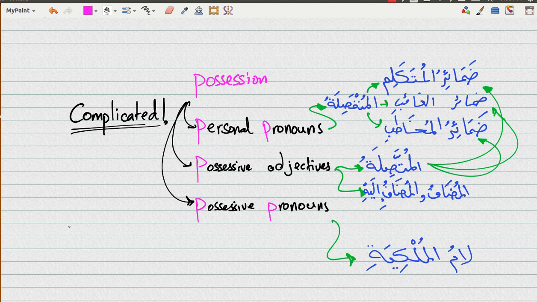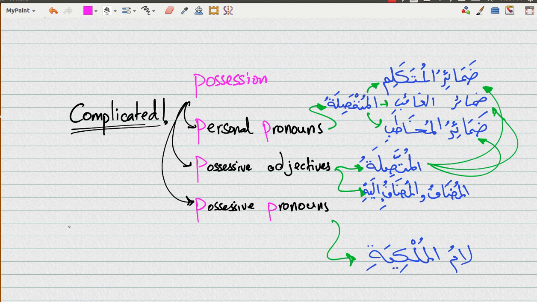We have something called disjointed or separate pronouns, or if you want, you can call it independent pronouns. It's a word on its own, and that word is categorized as a pronoun. Or we have pronouns that are attached to another word, and that's why we call them muttasila, meaning something that is linked or joined to a word.